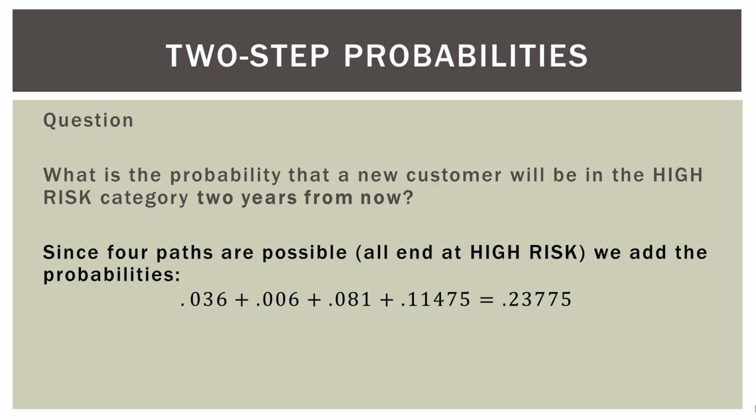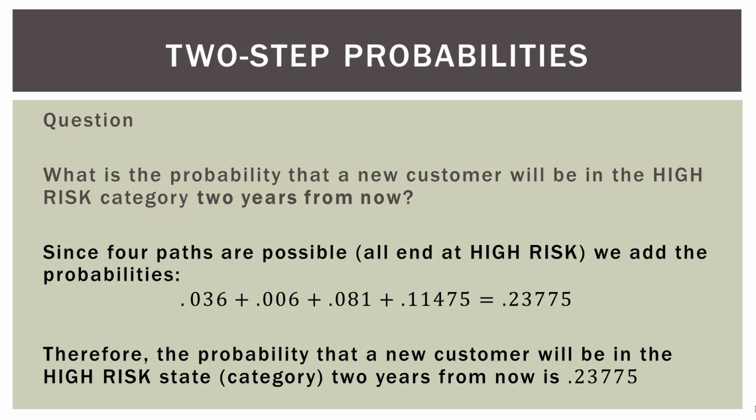If we add up the probabilities that have high risk as an endpoint, we have 0.23775. That's just the summation of all the probabilities that ended at those bright red high risk points. So the probability that a new customer will be in the high risk state 2 years from now is 0.23775.